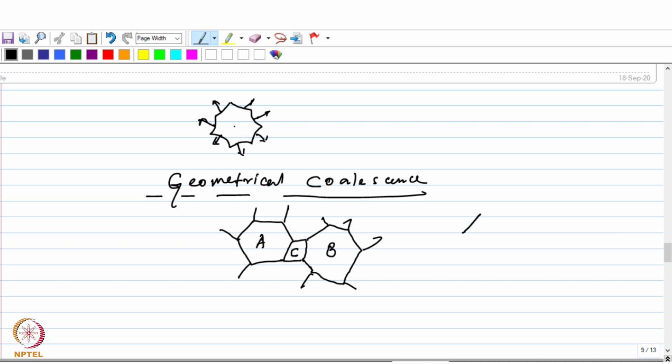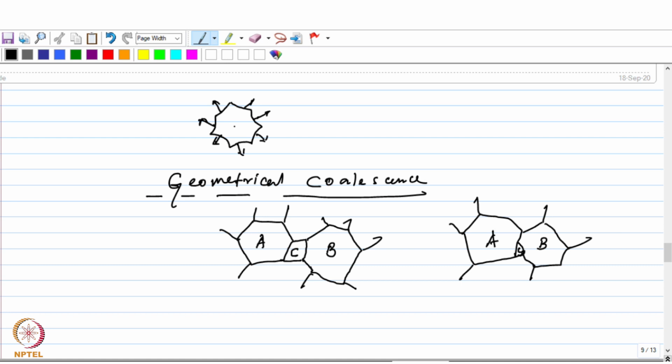So that will be something like this if you just look at how these two grains can approach. Right, so this is how these two grains can approach each other.